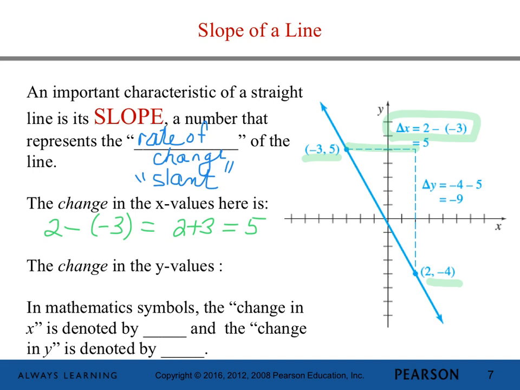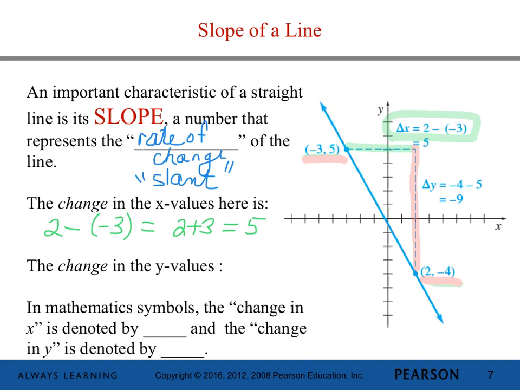And then for the change in the y values, we're talking about going from (-3, 5) to (2, -4). And so we're talking about the change in the vertical direction. And again, you always start with where you end.